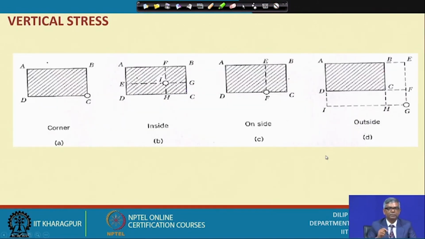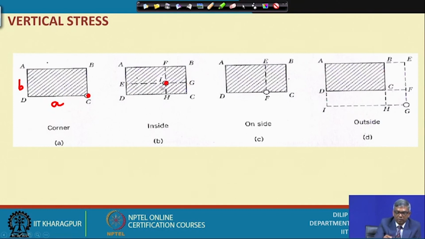You can see here, whatever derivation we have done, this is a typical foundation with dimensions a and b. This is a straight application of whatever formula we have given. So, we can consider this as a and this as b, and at this point suppose you want to find out the stress. So, directly we apply the corner formula. But if instead of at this corner, I want to find the stress at some other point, suppose at the interior of this foundation, then what will I do?